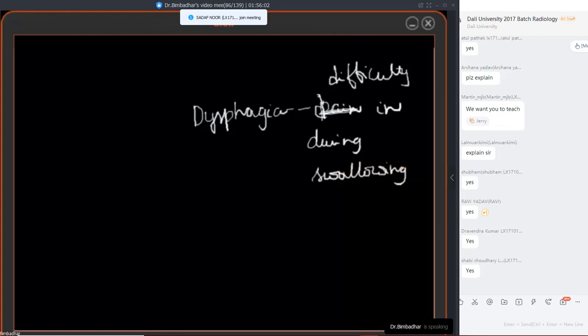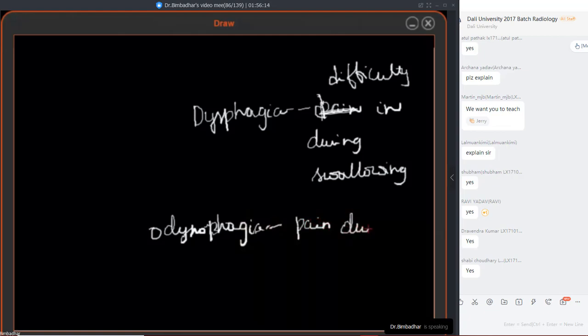Then there is another condition called odynophagia, which means pain during swallowing. Most patients are generally unable to differentiate between dysphagia and odynophagia. But let's not get into the details of how to differentiate between them, let us try to understand what exactly they are.